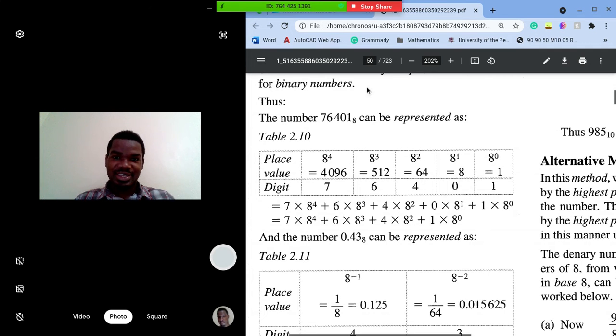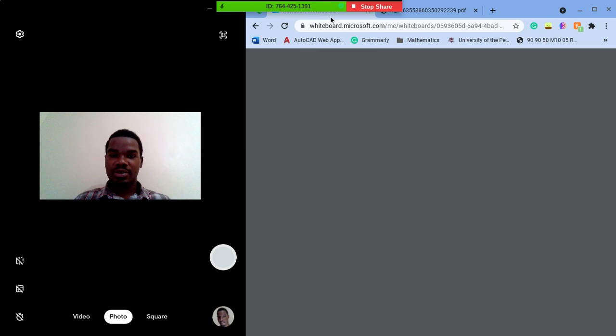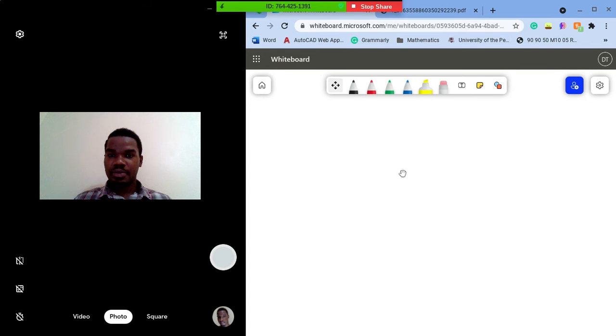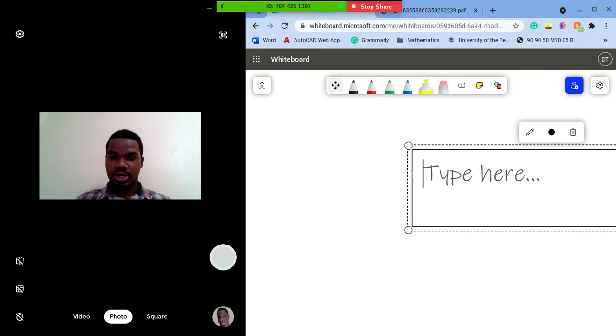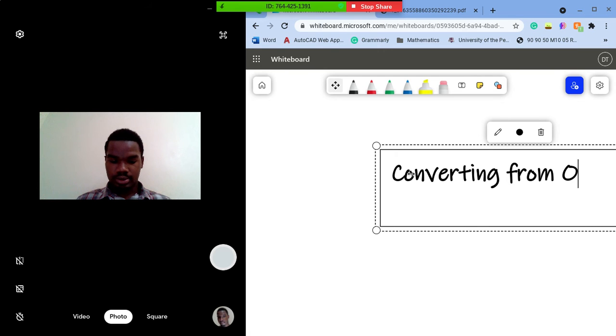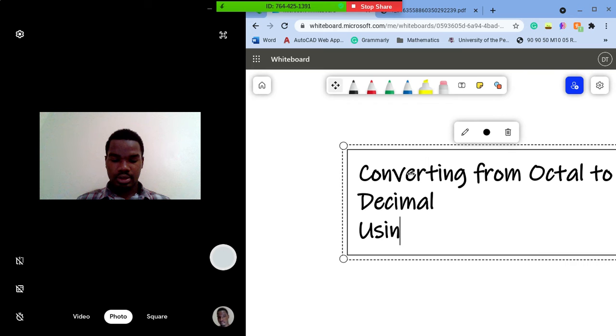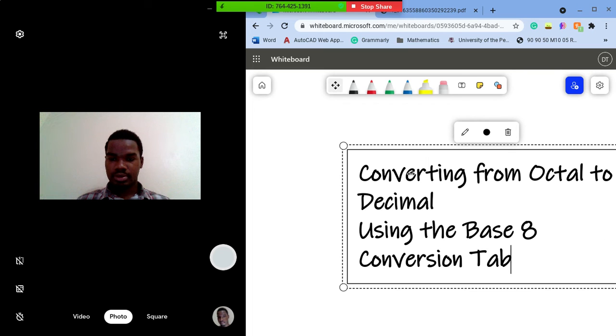Let's check it. So we're going to convert 76,401, converting from octal to decimal. That's the next topic, we're going to practice that one: converting from octal to decimal using the base 8 conversion table.